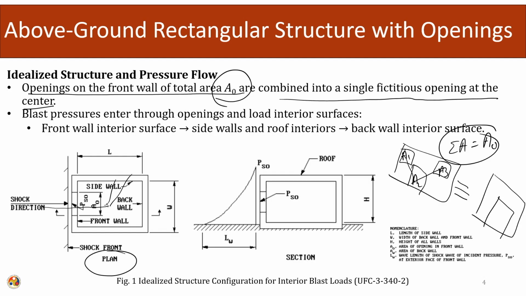It loads the side wall, frontal wall, back wall. Here also we can see the blast load is entering through it and it is loading the entire structure. It travels from the front wall interior surface to the side walls and roof interiors, and then it finally reaches the back wall interior surface. So, this is how it is flowing.